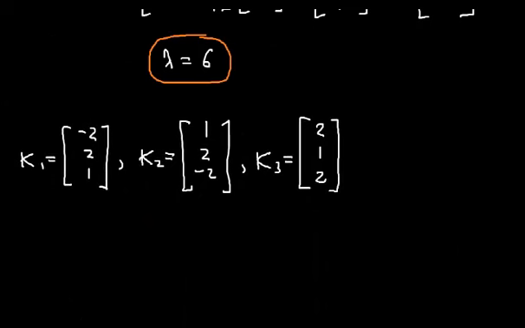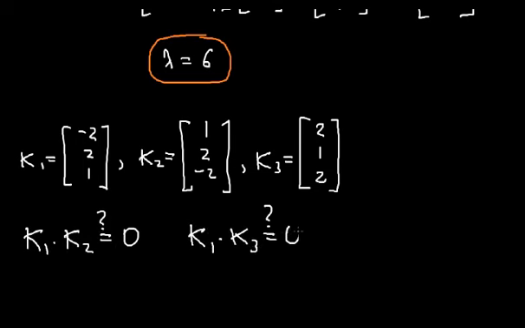So what does it mean for two vectors to be orthogonal, by the way? Well, that means that their inner product is 0. So the three inner products we need to consider here are that of k1 and k2, which is supposed to be 0, and we want to check if it is so or not. Then we also want to check that the inner product of k1 and k3 is 0, and also that the inner product of k2 and k3 is 0.